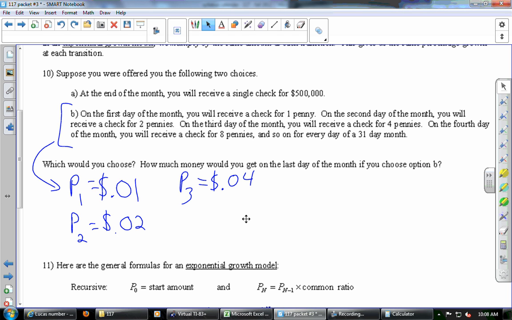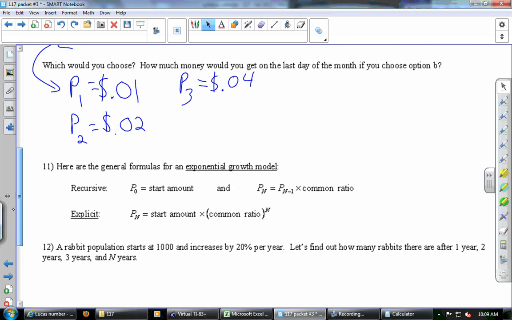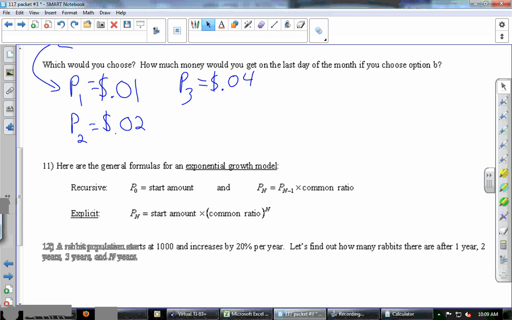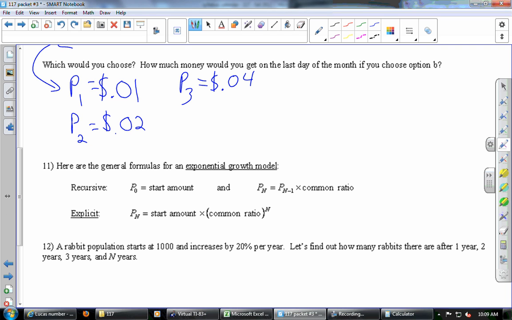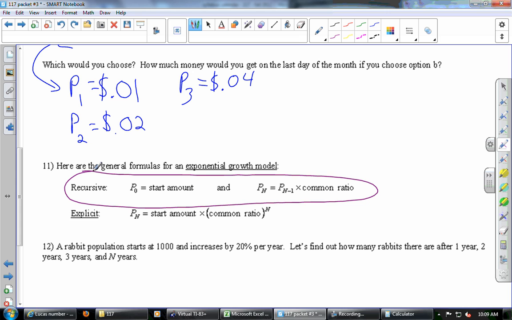So here's a better way. There's formulas down here. Let's take a look at them. Let's go ahead and use the recursive one first. So here's a recursive formula when we're doing exponential growth. So we got to be really clear. We had two different kinds of things. You add the same amount every time, or you multiply by the same amount every time.